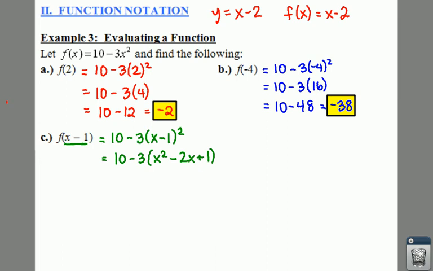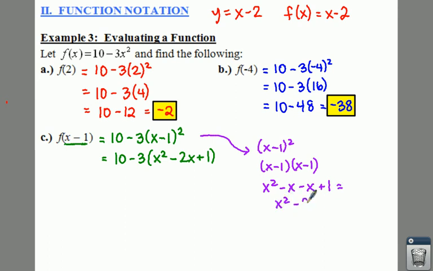That's the same as if you wanted to take the long route and write out x minus 1 squared is just x minus 1 times x minus 1. So FOIL: x times x is x squared, minus x minus x, plus 1 gives you x squared minus 2x plus 1. So you can still FOIL it out if you don't know the shortcut. But I did the shortcut because I like shortcuts.